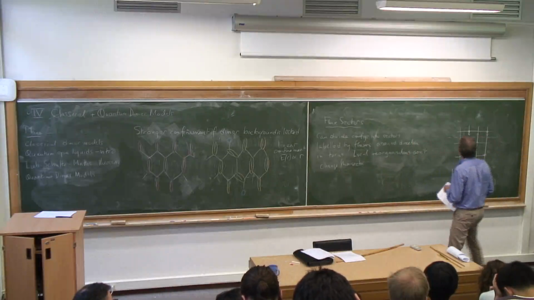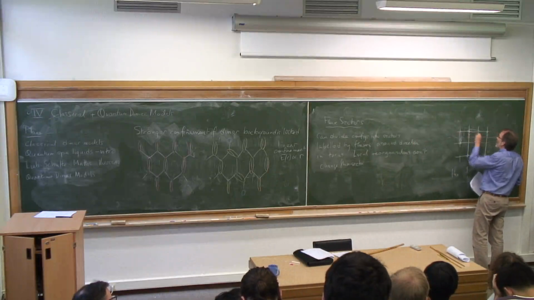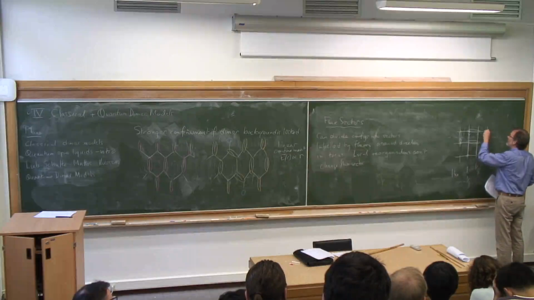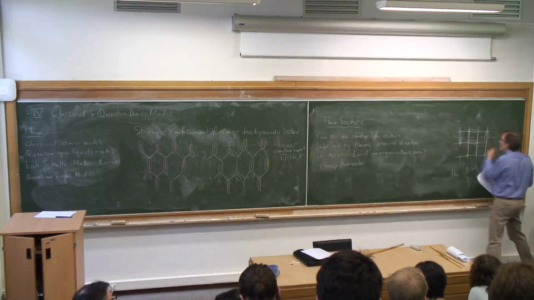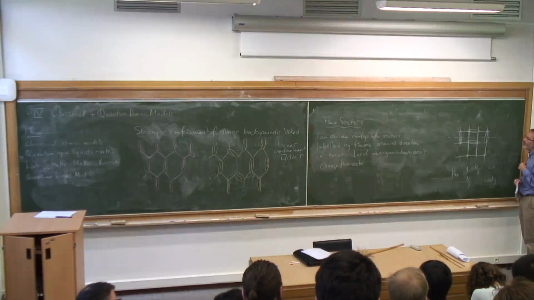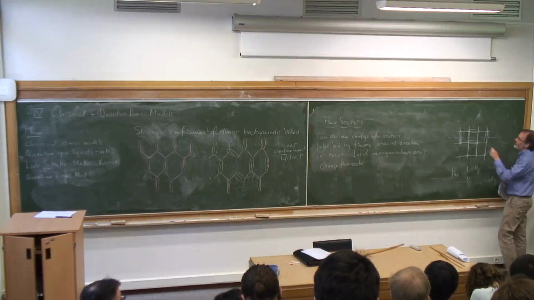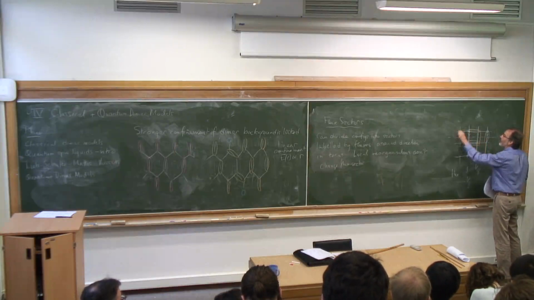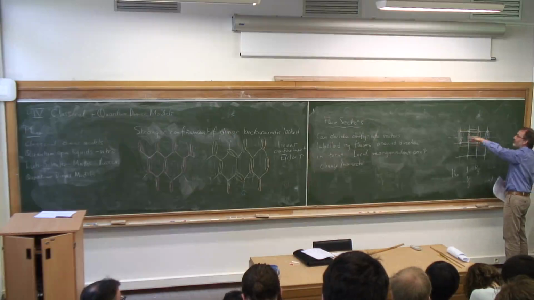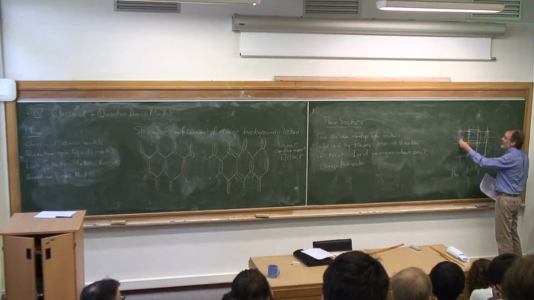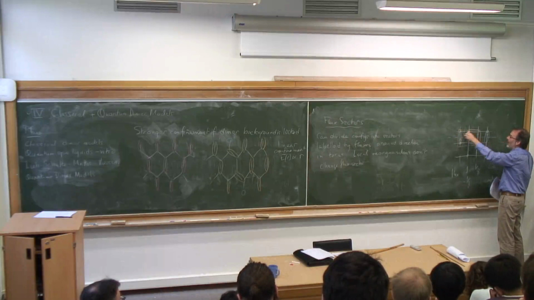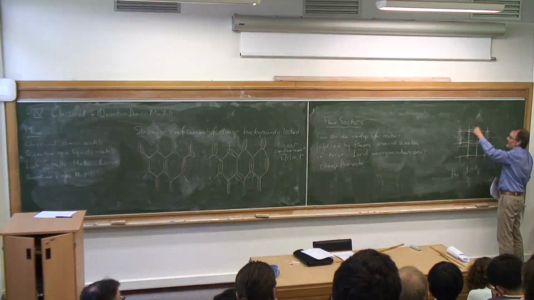I might have some configuration like that, and the fact that the flux is not changed by local reorganizations means that if, for example, I focus on this loop and shuffle the dimers one step around the loop, then the contribution from this bond to the net flux will go from 1 to 0 when I shuffle the dimers around, but on the other hand, I'll pick up a contribution from this bond because it'll go from being empty to being occupied.